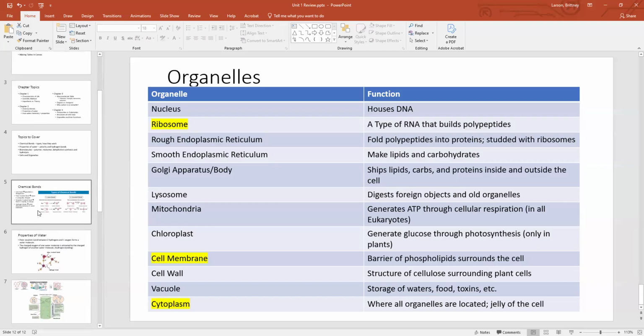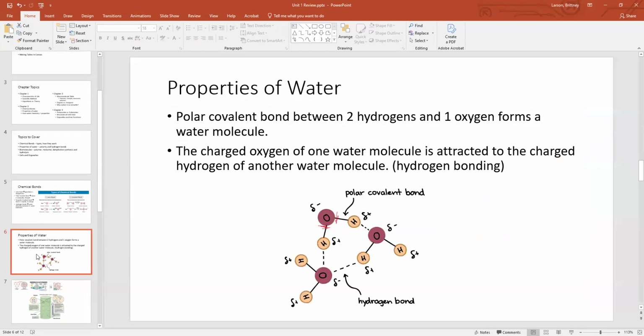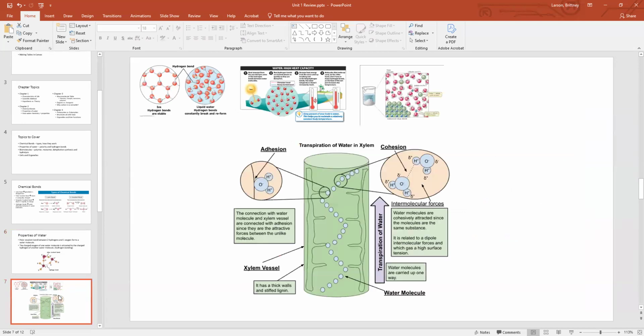Yes. Okay. Yeah. Hydrogen bonds make everything happen in the water. The cohesion, the adhesion, cohesion is water sticking to each other, and that's happening because of those hydrogen bonds. Anything else? Thank you. Yeah, of course.